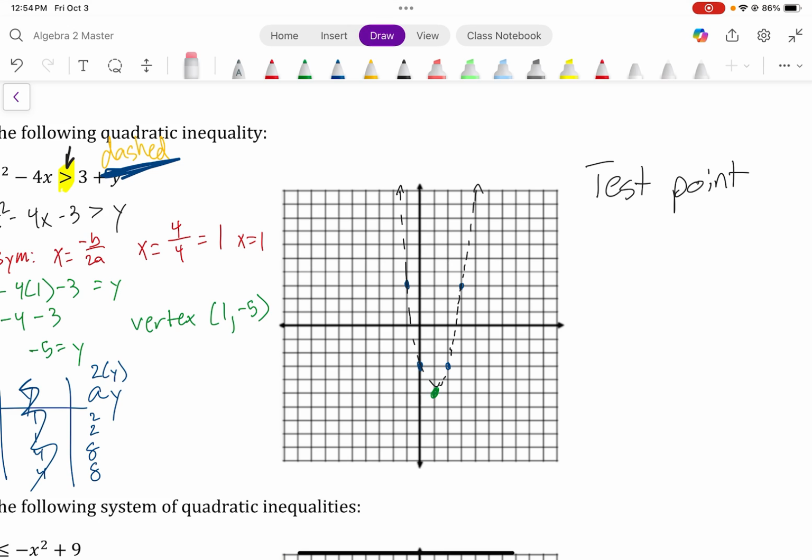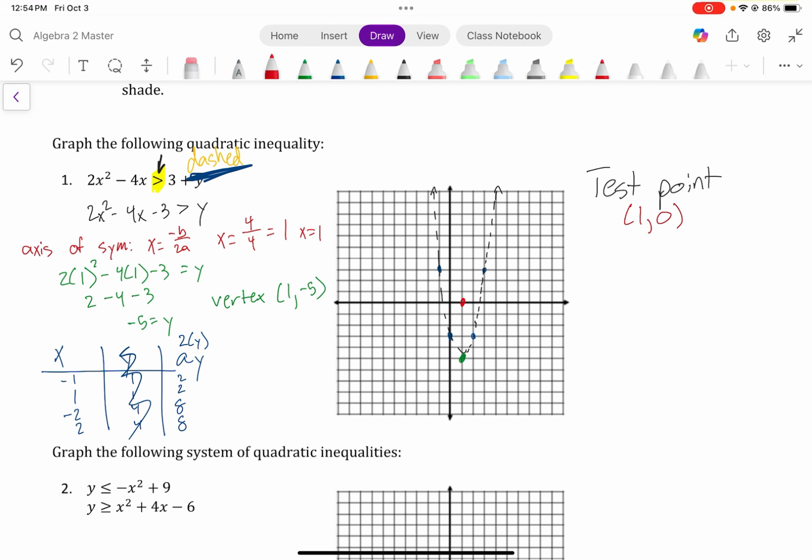My general rule, it's not really much of a rule, is a habit. 0, 0 is always a great number, but I actually like to take the x value from the axis of symmetry, comma 0, if I can. And it might seem weird, but the reason why is I have to plug this value in. So if I plug it into what I had in black over on the left side there, 2 times 1 squared minus 4 times 1 minus 3 is greater than 0.